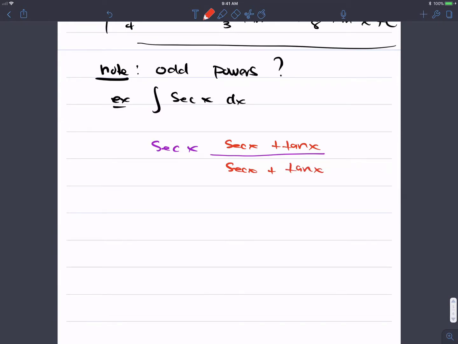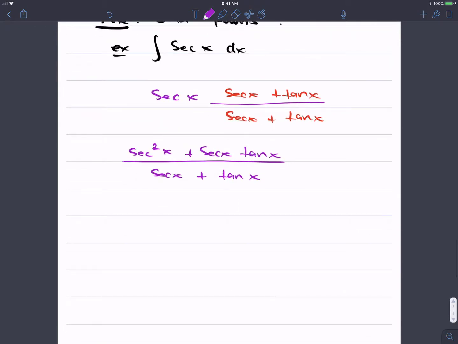And the denominator here. So what you end up with algebraically is secant squared x plus secant tangent over secant plus tangent. So this is what we're going to have for our integration.